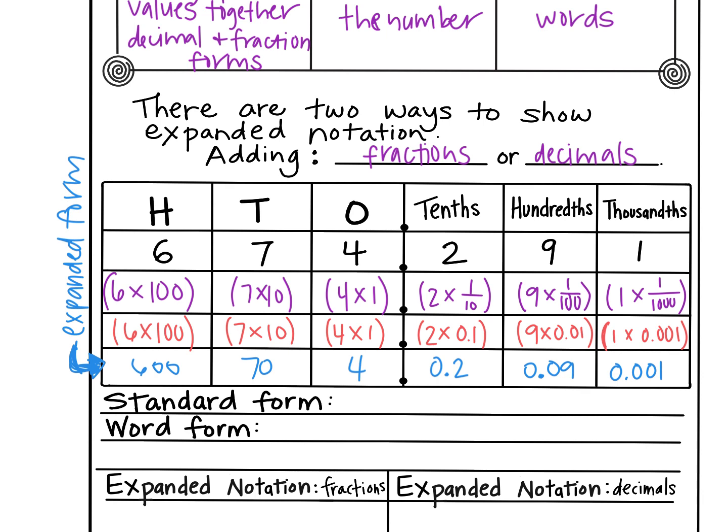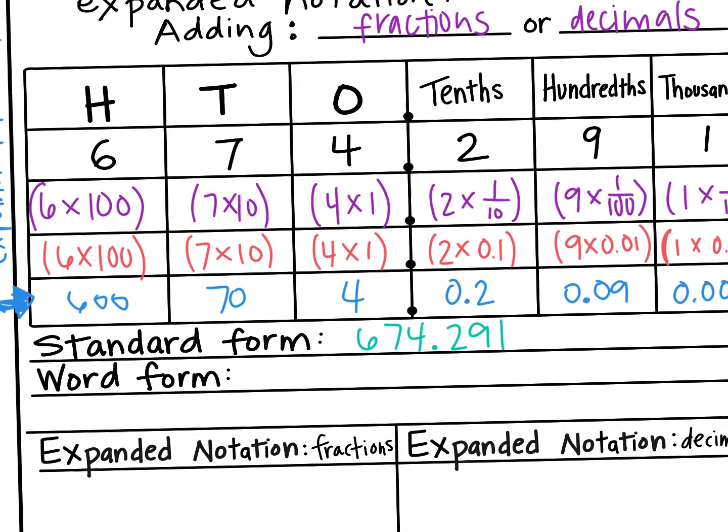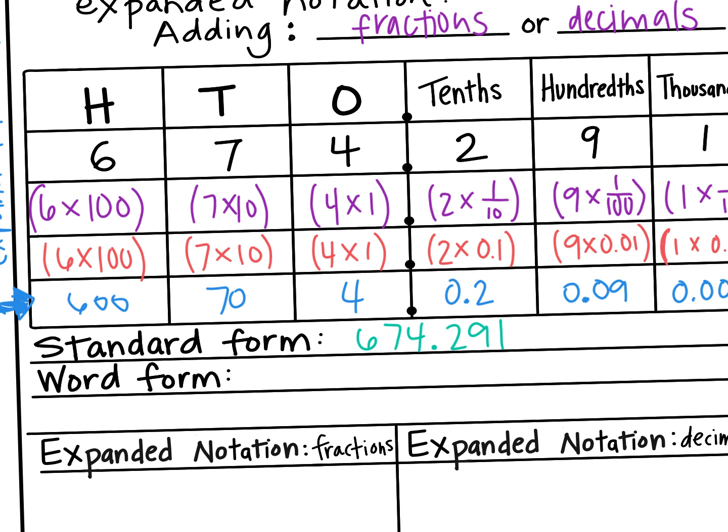Now, standard form is plain, basic. It is going to look like this: 674 decimal point 291. Word form, we just worked on this yesterday. Word form, we're going to spell it out.